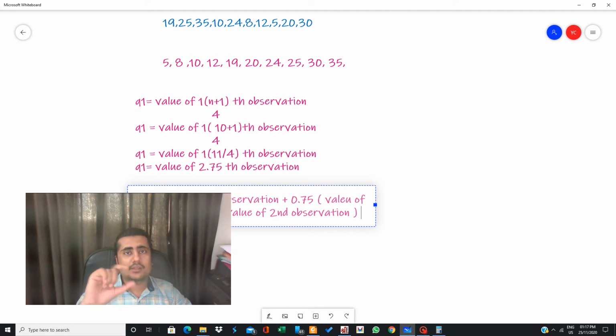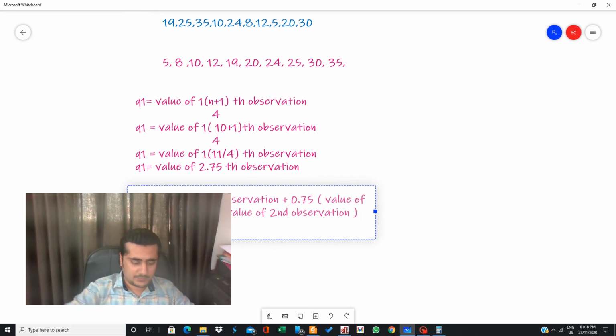Yes, so it is like this. Q1 is equal to value of second observation plus 0.75 into value of third observation minus value of second.